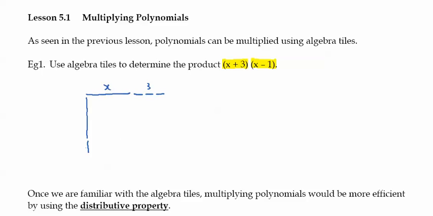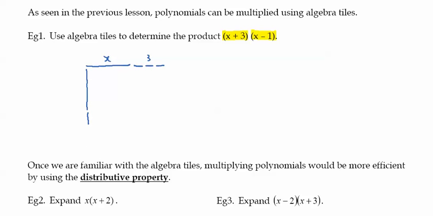Well, but how do I indicate the plus? How do I identify the minus from the plus? In your book, they use clear tiles to represent negative, and they use colorful tiles to represent positive. So let me follow the same idea.